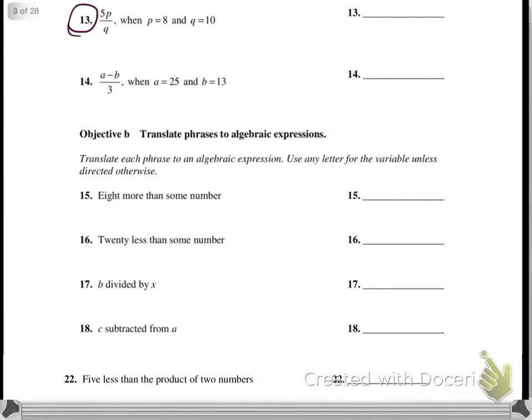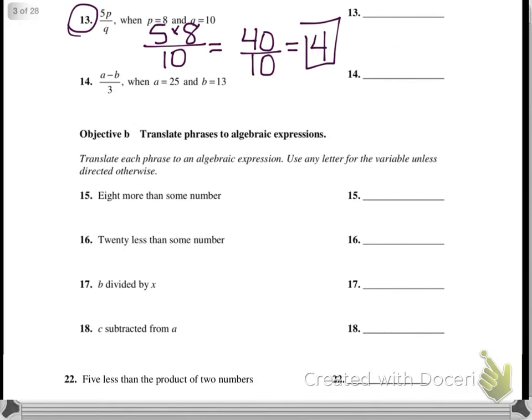So the first thing I'm going to do is substitute in. So it'll be 5 times 8 over 10. 5 times 8 is 40 over 10, which is 4. So 5p divided by q equals 4.